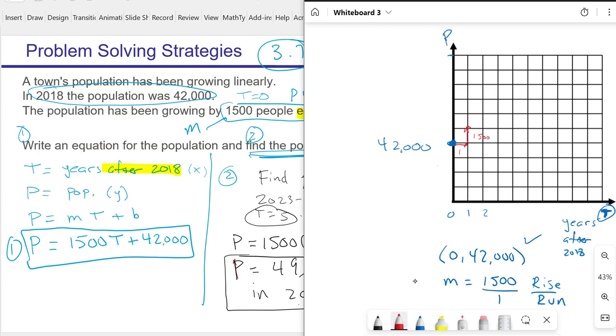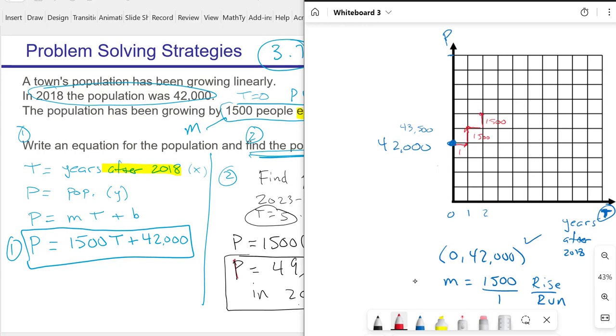Now that means I was at 42,000 people and I added 1,500 people. So my first stair step took me up to 43,500. I'm going to do one more, run of 1, rise of 1,500.